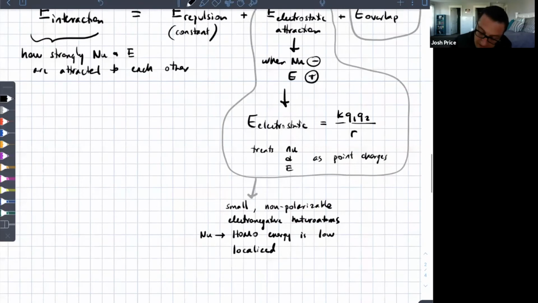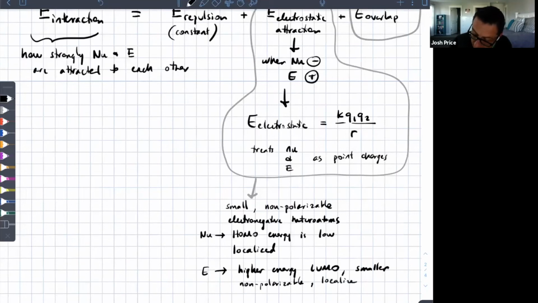Similarly, electrophiles that fall into this category have higher energy LUMO orbitals. They typically are on smaller atoms, also are fairly non-polarizable, with localized partial positive charge or even full-on positive charge.